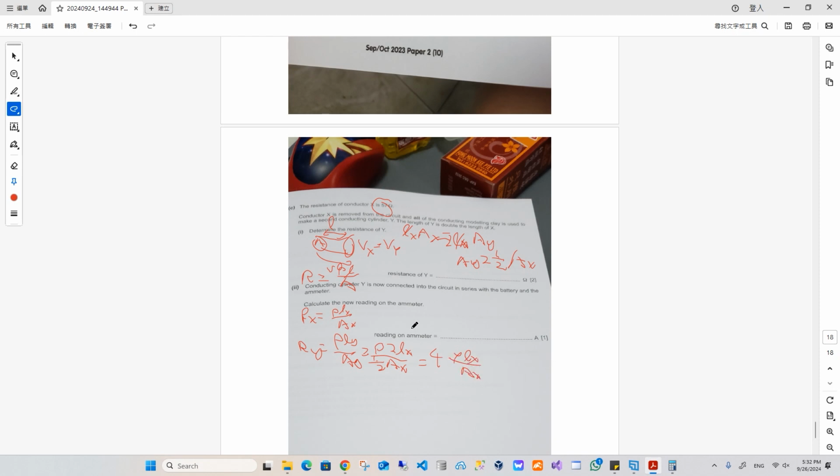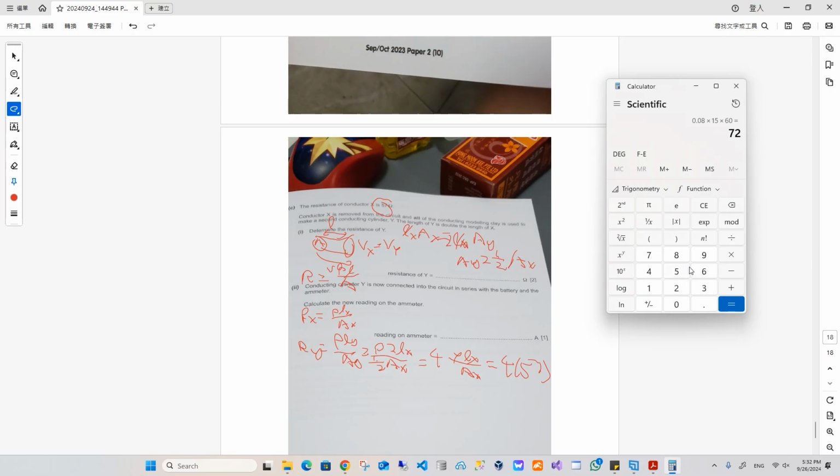That means I have 4 times the resistance Rx, and the resistance of X is 57. So my answer is 4 times 57, which is 228.